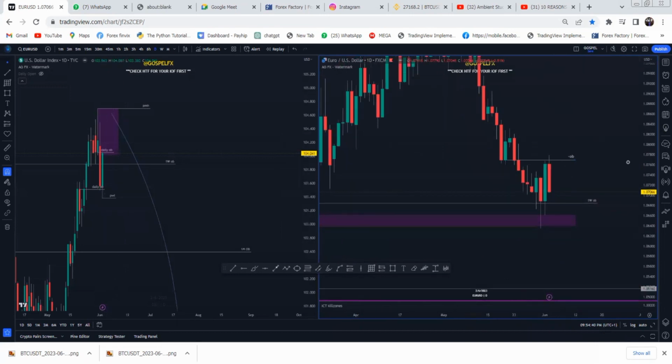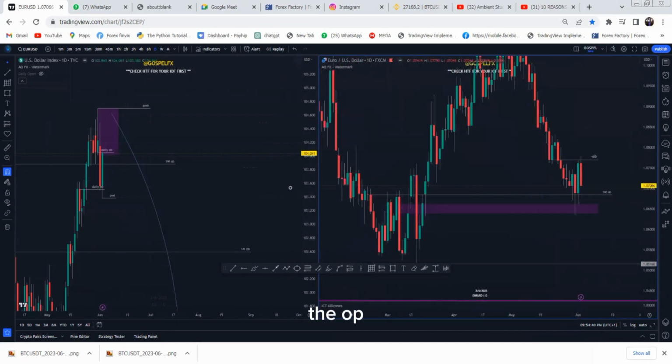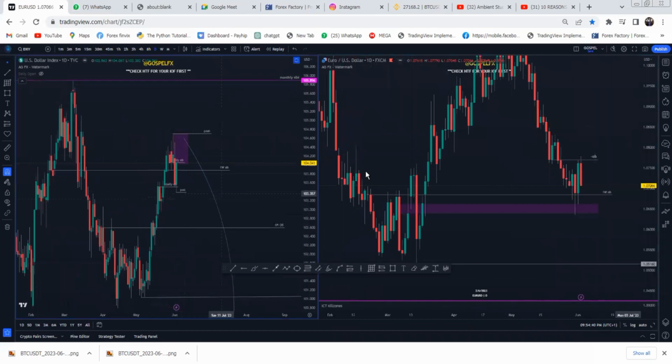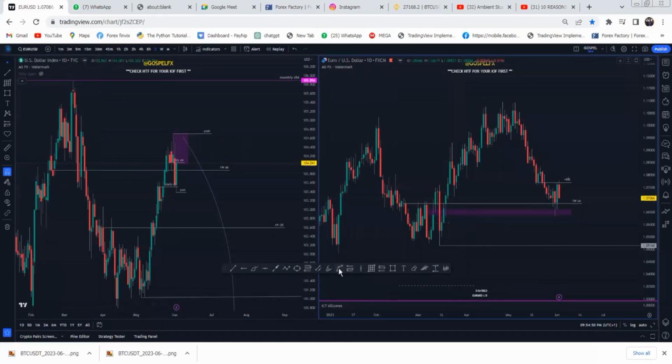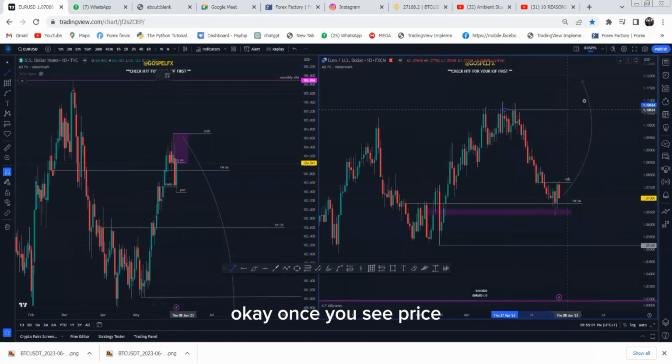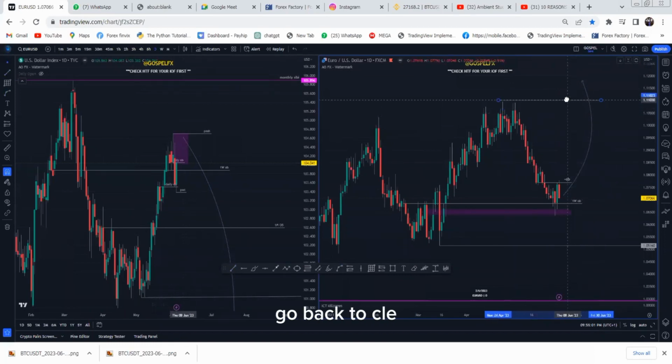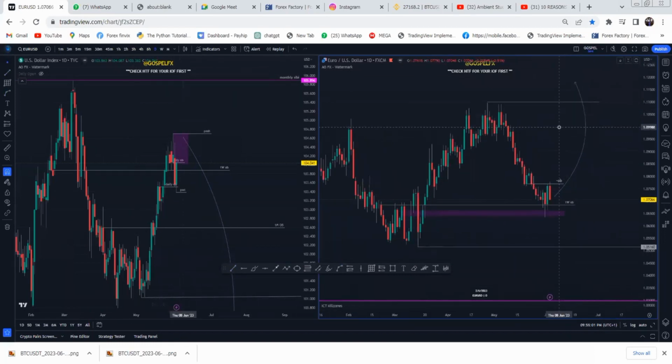So if we want to compare the opposite of what we are seeing on the dollar here, we want to see price react from here and then go back to clear the buy side liquidity. Okay, we want to see price go back to clearing the buy side liquidity from here.